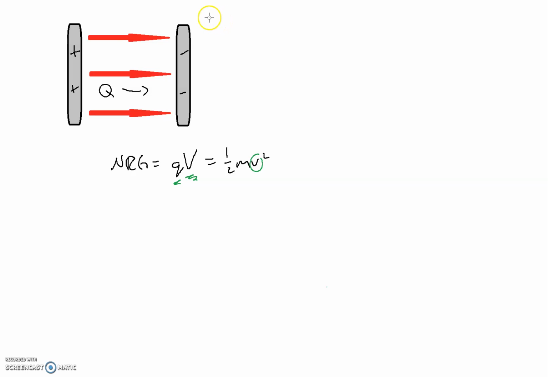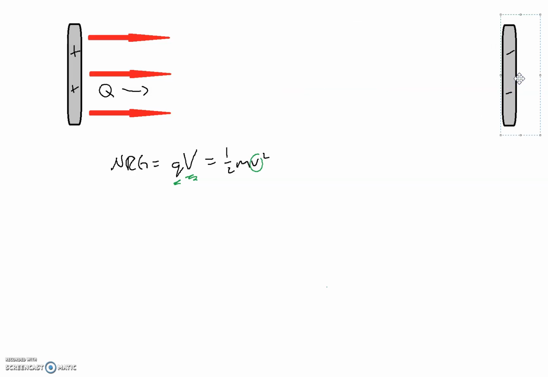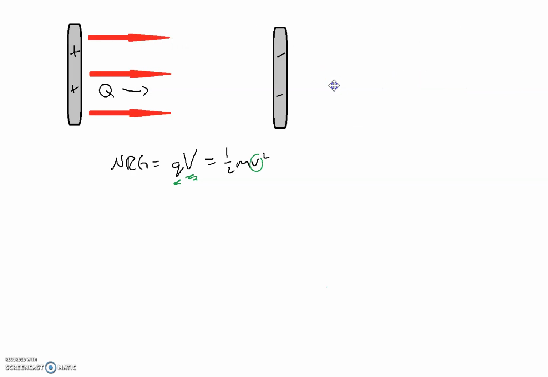So you could take the plates and move them apart, take this plate and move it way over here, and it would still hit with the exact same speed because you haven't changed the charge and you haven't changed the V. It would hit with the exact same speed as if the plate was really, really close. It makes no difference where you put the plate.